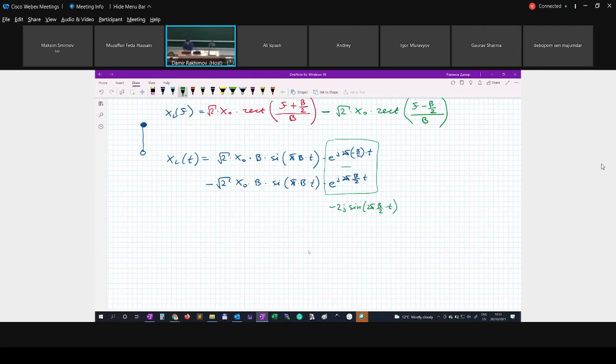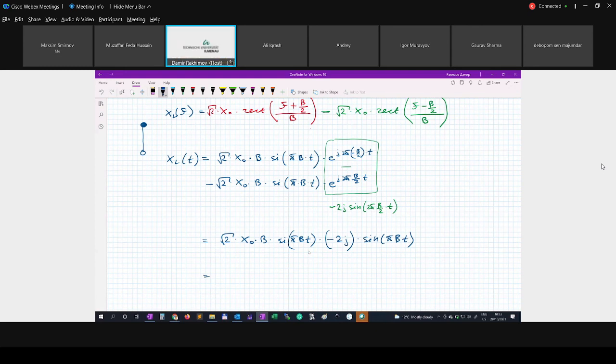And now we can write our resulting signal in time domain: square root of 2 x0 times capital B times sinc function pi B times t times minus 2j times sine function pi B and t.